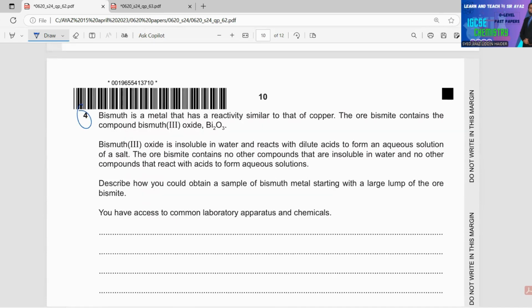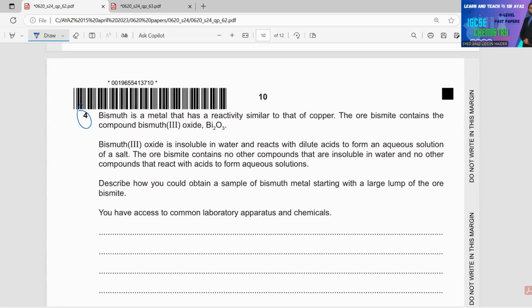Moving to the last question, which is question number 4. Bismuth is a metal that has a reactivity similar to that of copper. The ore bismuth contains the compound bismuth 3 oxide, Bi2O3. Bismuth 3 oxide is insoluble in water and reacts with dilute acids to form an aqueous solution of a salt. The ore bismuth contains no other compounds that are insoluble in water and no other compounds that react with acids to form aqueous solutions.